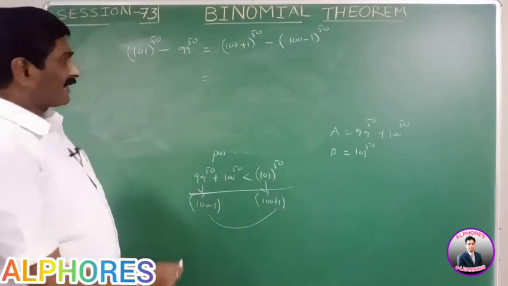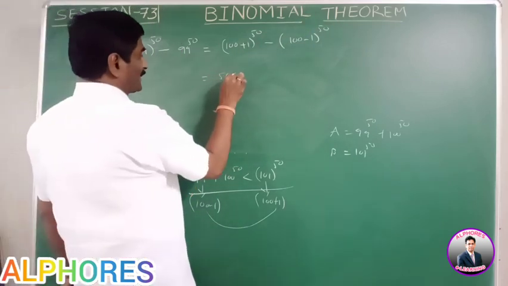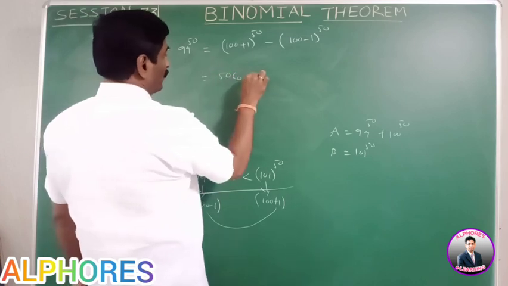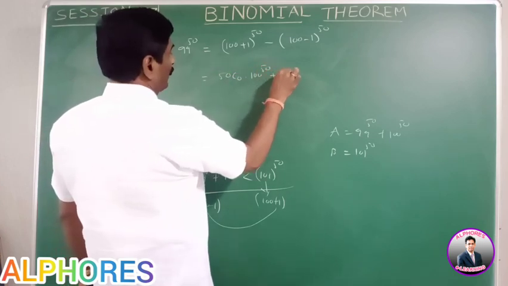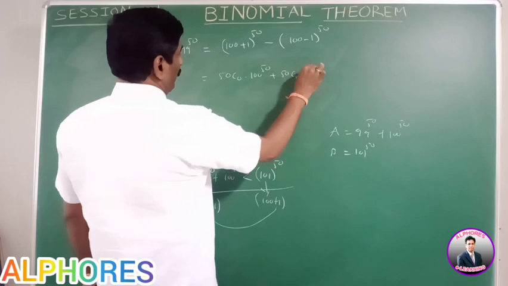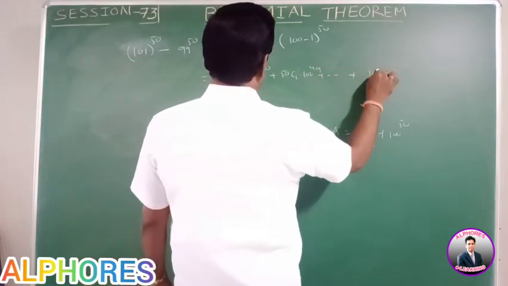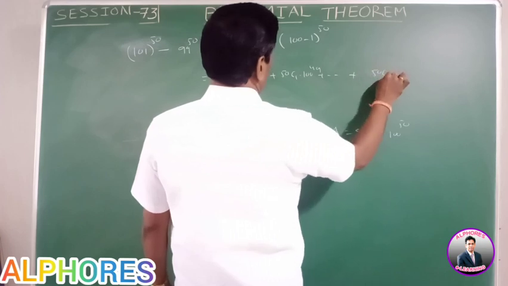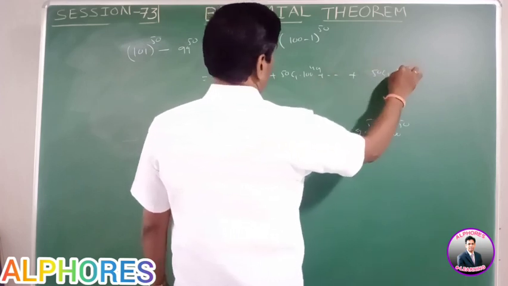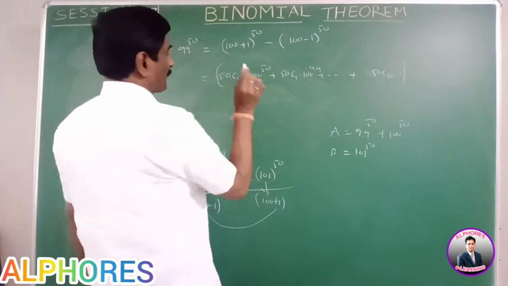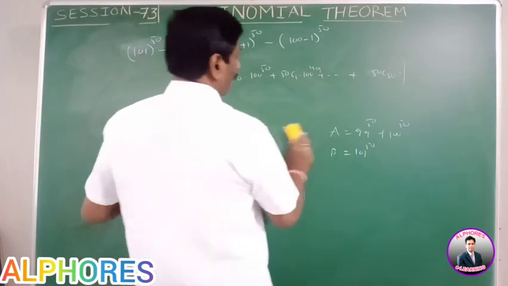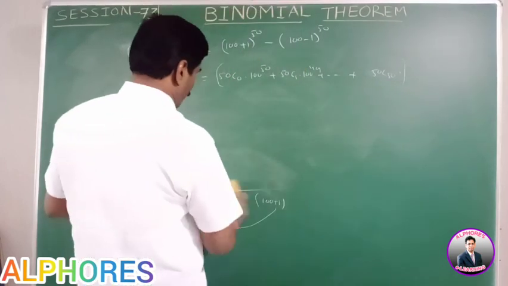After expansion, it can be reduced into 50C0 into 100 power 50 plus 50C1 into 100 power 49 plus so on. What is the last term? 50C50 into 1. Okay, this is the expansion of (100 plus 1) whole power 50.